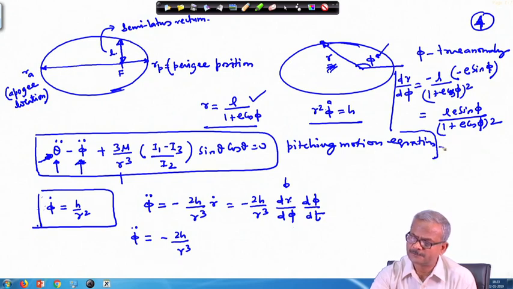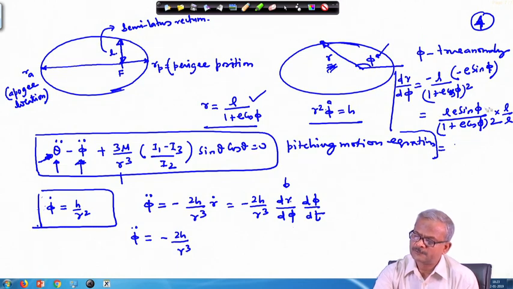We can also summarize this by multiplying the numerator and denominator by L. So, this becomes L square by this square term, that we can write as r square.